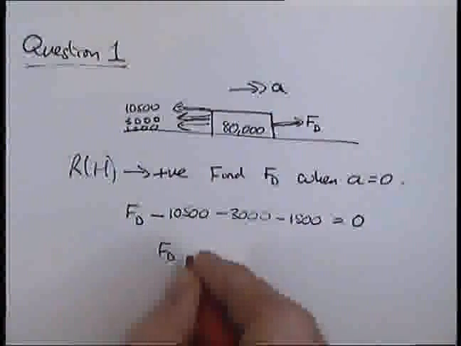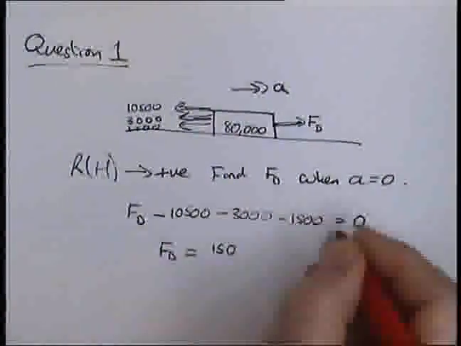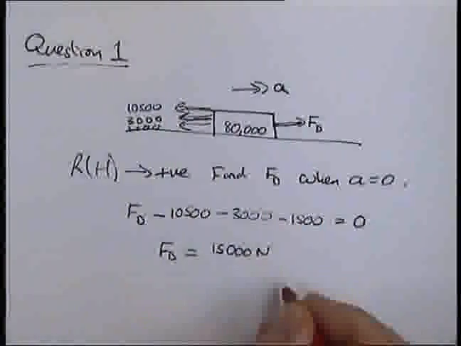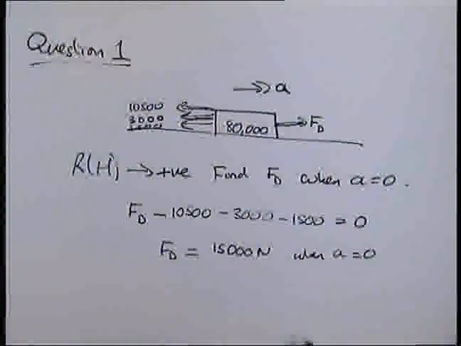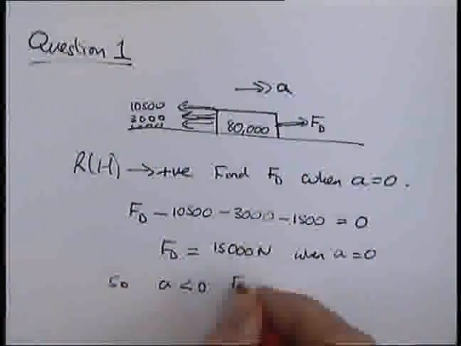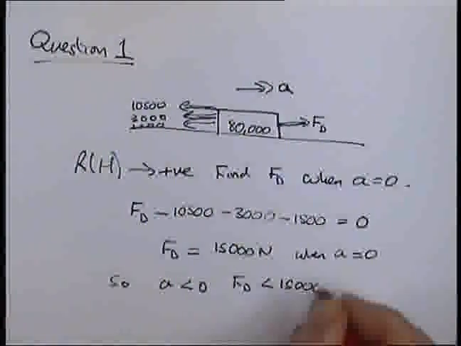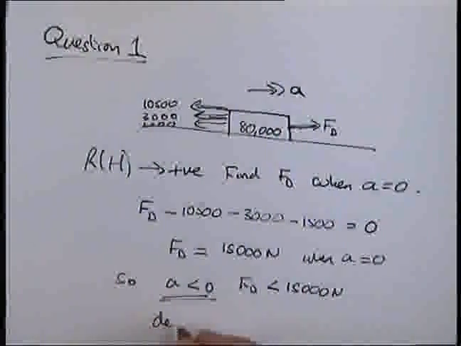So F_D is equal to, if you add those up, 15,000 newtons when a is equal to 0. So for a to be less than 0, the driving force has to be less than 15,000 newtons. And remember, a being less than 0 is the deceleration that we were looking for.